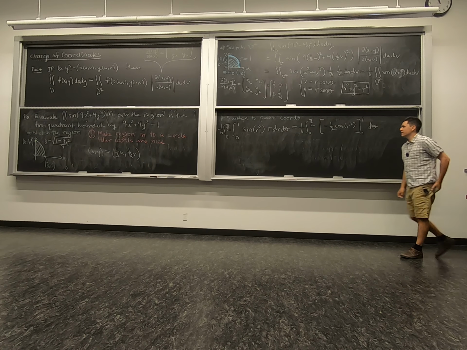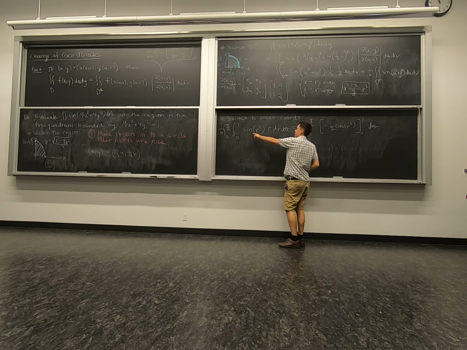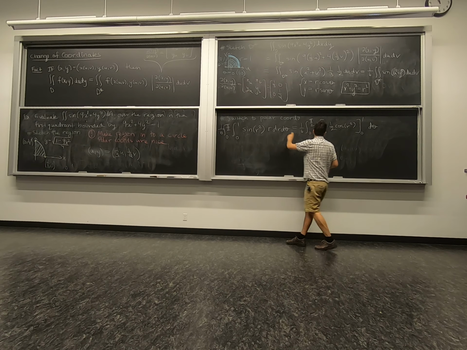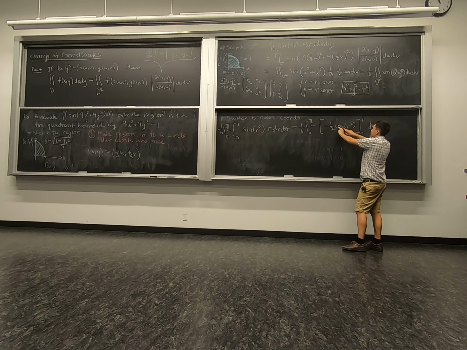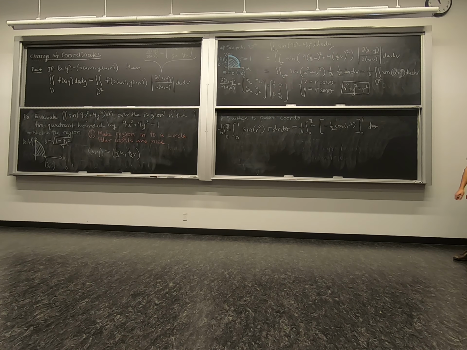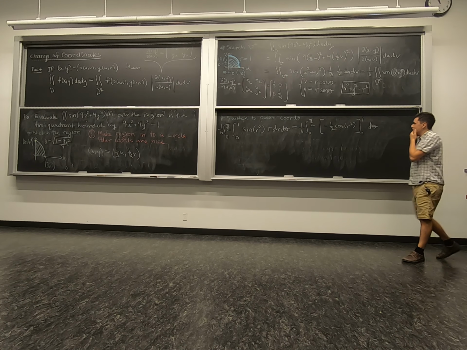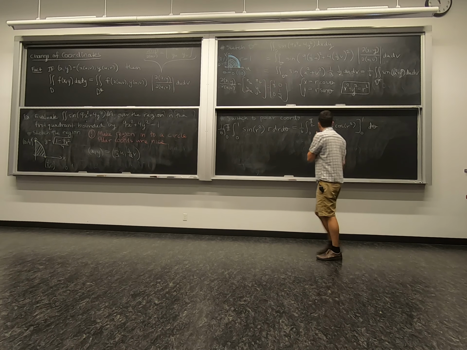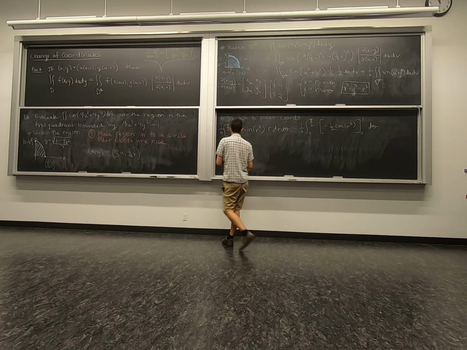Here, right, the antiderivative of sine r squared times r would be negative a half cos r squared. So we make this one-dimensional change of coordinates. Now we plug in those bounds.